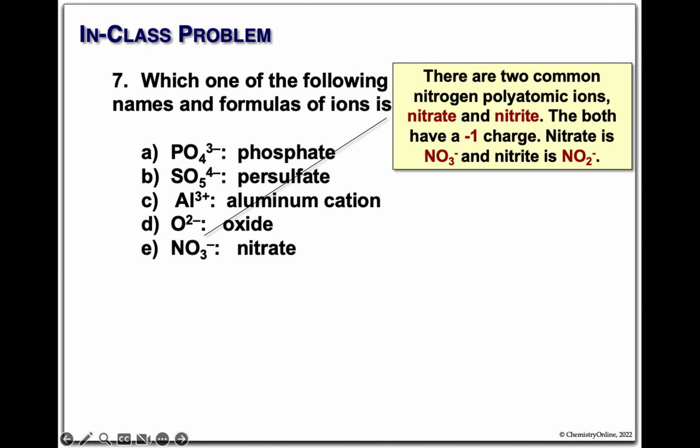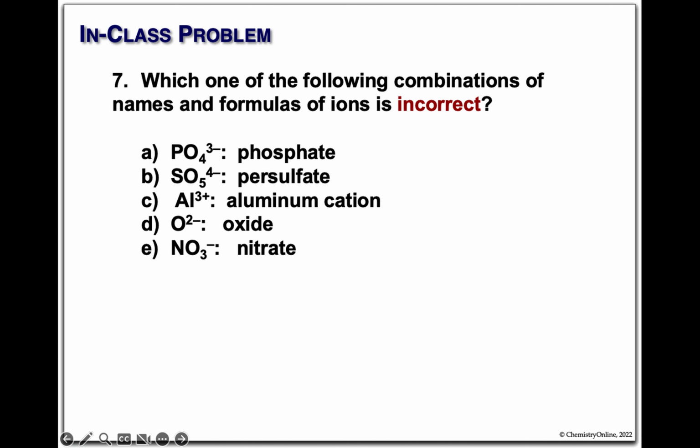Nitrate. Nitrate is the parent of the nitrogen family. If we take one oxygen off, we get nitrite. They all have a -1 charge. So that's right. The one that isn't right, of course, is B, persulfate.